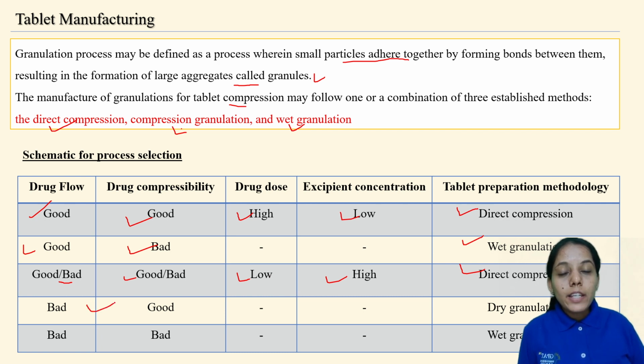Now if it does not have good flow property but its compressibility is good, then we can go for dry granulation. We are going to see these methods in depth. For example, if both are bad, poor flow properties and poor compressibility, then no matter what the dose and excipient concentration are, we have to choose wet granulation.